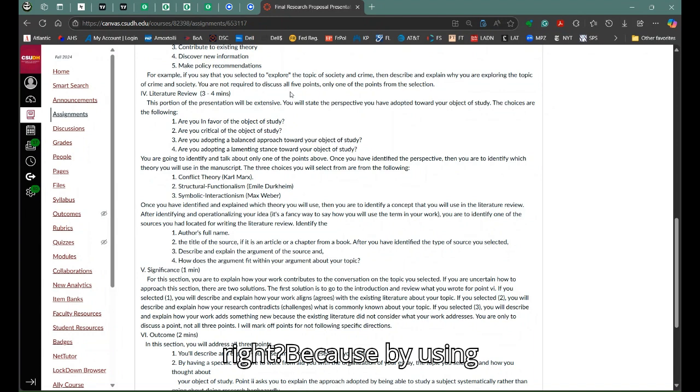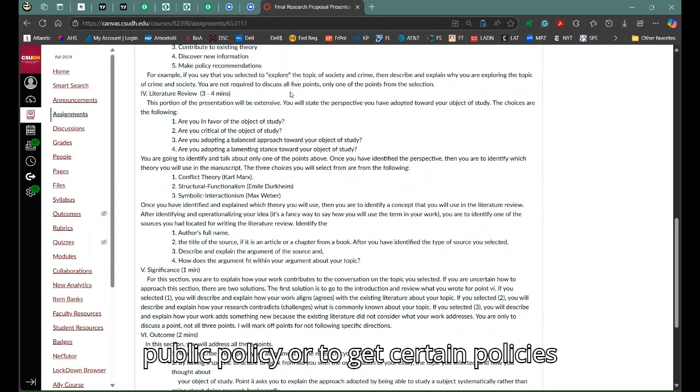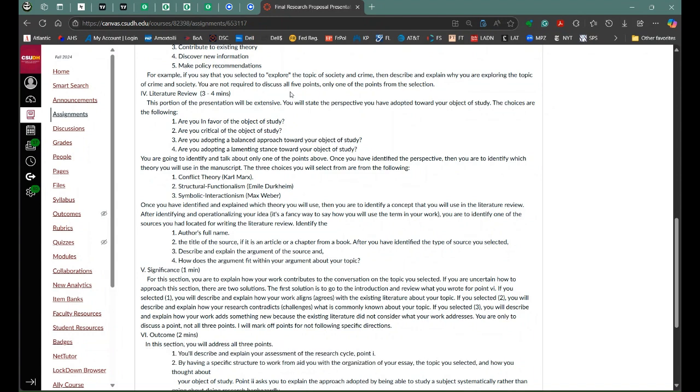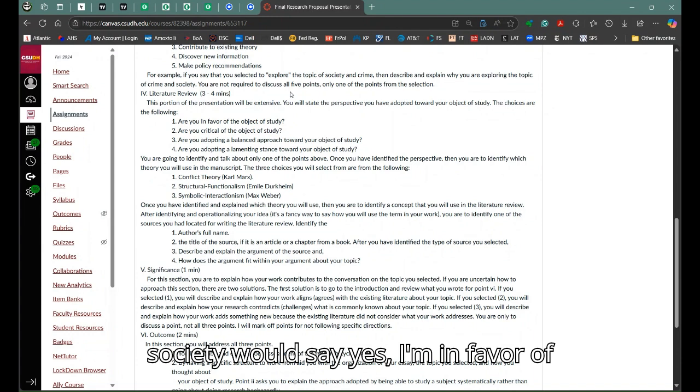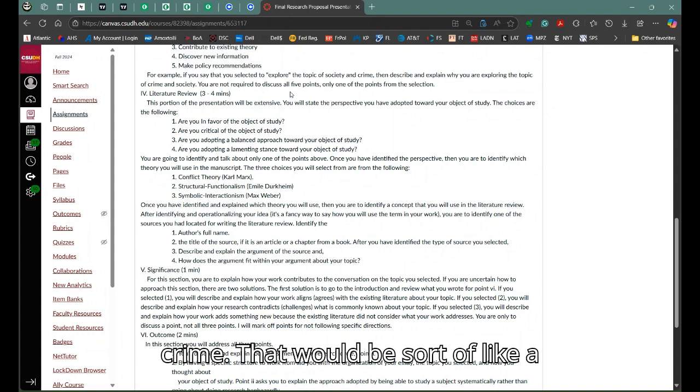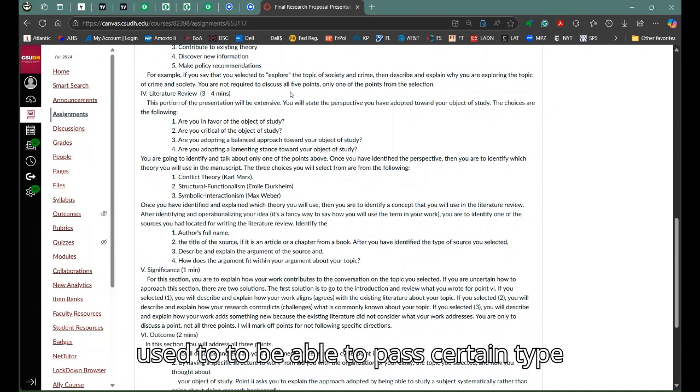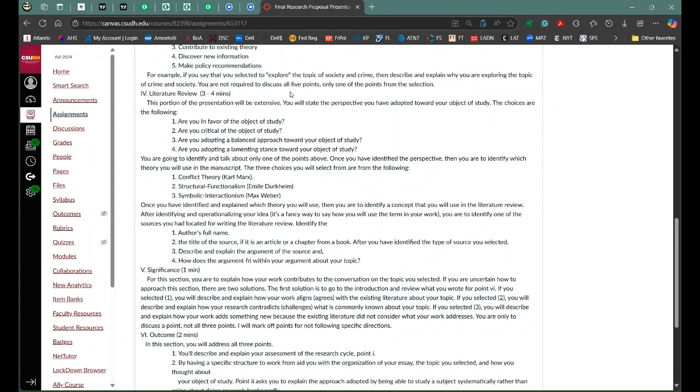Because by using fear as a motivator to shape public policy, or to get certain policies passed in state legislatures, you have to gin up the fear of crime, because no one in society would say, yes, I'm in favor of crime. That would be sort of a ridiculous or nonsensical point to adopt. But it has been used to pass certain types of laws in the United States, right? All right. So that's for critical.